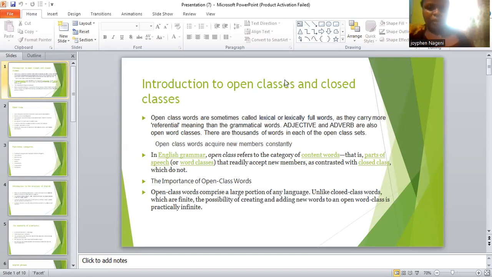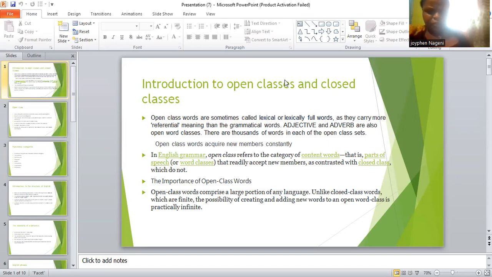Introduction to open classes and closed classes. Open class words are sometimes called lexically full words, as they carry more referential meaning than the grammatical words. Adjectives and adverbs are also open word classes.